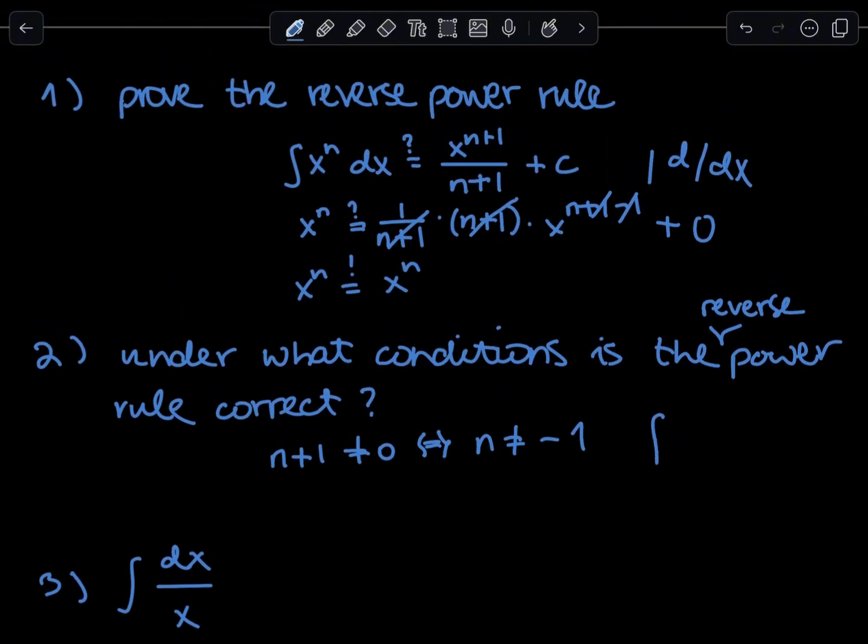So if we have the integral of x to the power of minus 1, which is the integral of 1 over x, then we can't use the power rule for this, and we need another rule to integrate. And I haven't written the dx's here, but you should, okay? There we go.